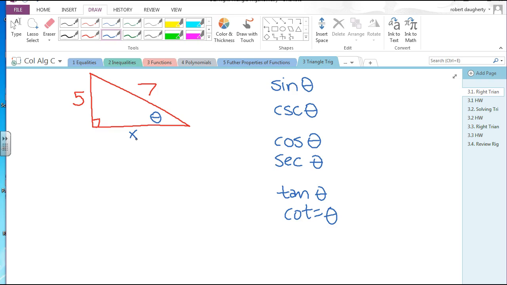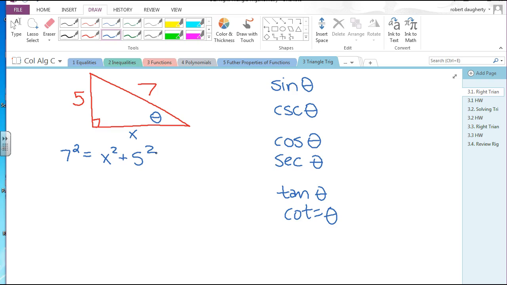Yeah, so 7 squared is equal to what? Well, in this context, x squared plus 5 squared equals 7 squared. In this triangle, here's x, here's 5.